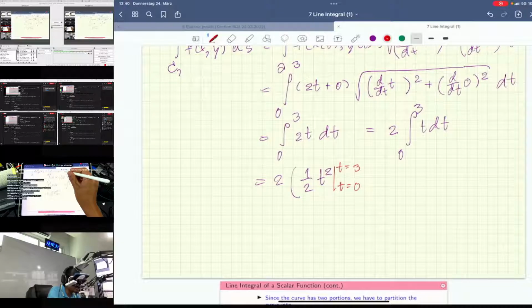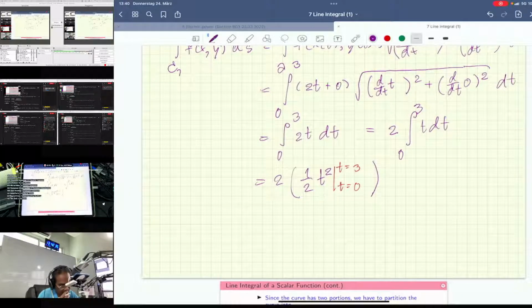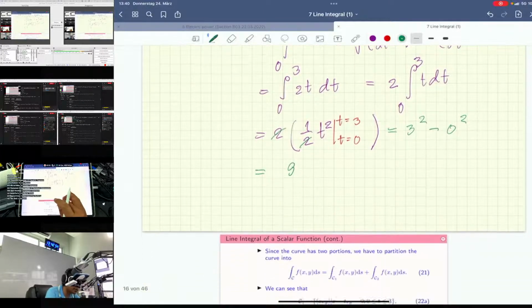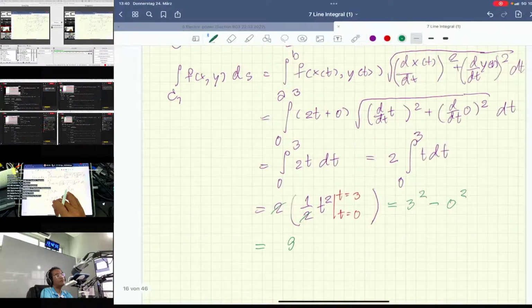And you can cancel the number 2 together. It's going to be 3 squared minus 0 squared, so it's going to be number 9, and that's for the first path only.